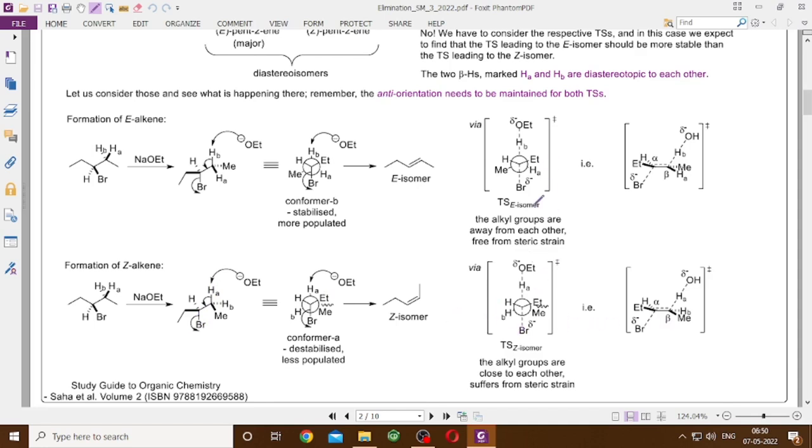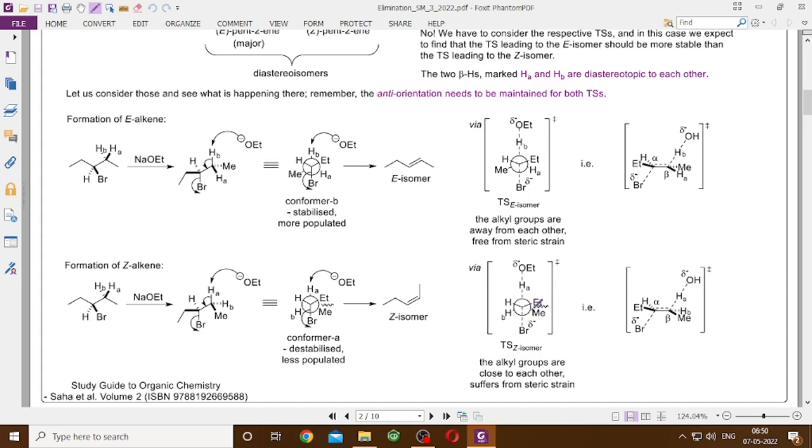So these two transition states are obviously different. In the TS for the E isomer, when you abstract HB, placing it anti with respect to bromine, the methyl and ethyl are away from each other. The HB and bromine are anti, and the methyl and ethyl are also anti.